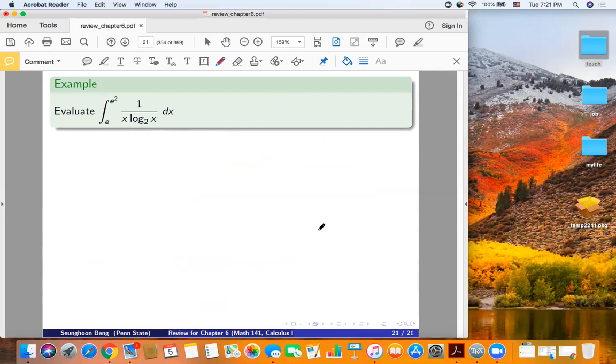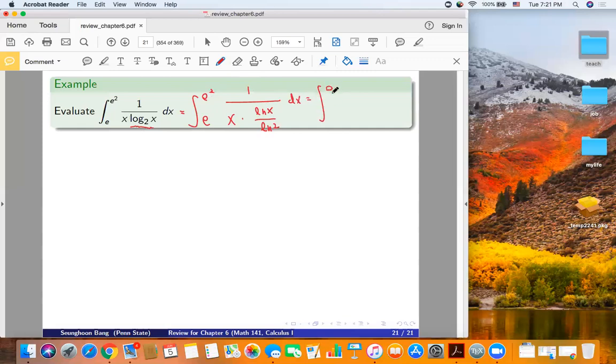The last problem. So we have a general logarithmic function. What's the best way? In this case, you have to change it like this. The integral from e to e square of 1 over x times log x with base 2, you can change to the natural logarithm by using the change of base.